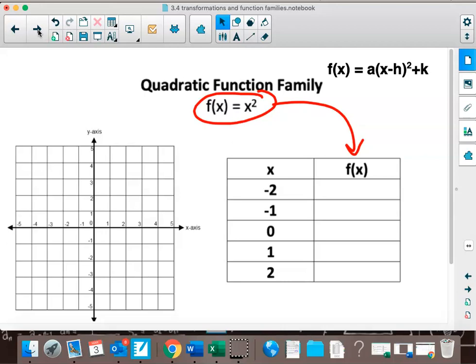So if x is negative 2, think about what f of negative 2 would be. Take a minute, create a quick xy table, and then get ready to sketch some graphs. They can just be on paper.